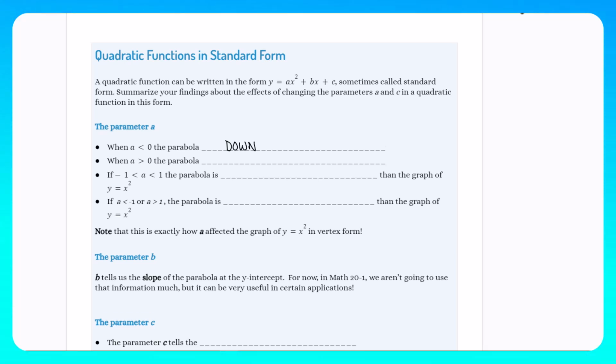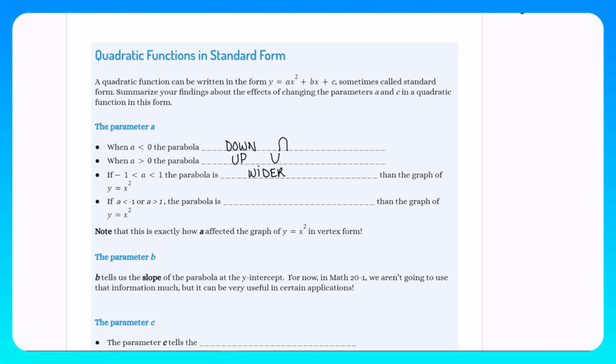So in other words, it looked like an upside down U. However, when a was greater than 0, the parabola opened up like a regular U. We also noticed that when a was between -1 and 1, in other words, when the absolute value of a was less than 1, the parabola was actually wider than the graph of y equals x squared.